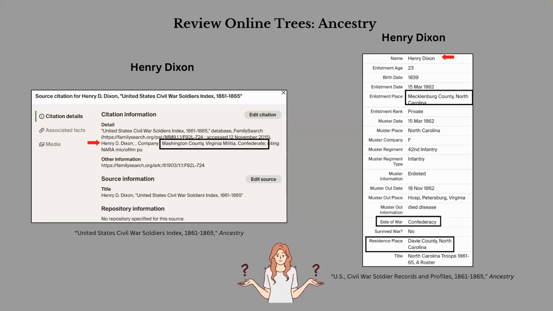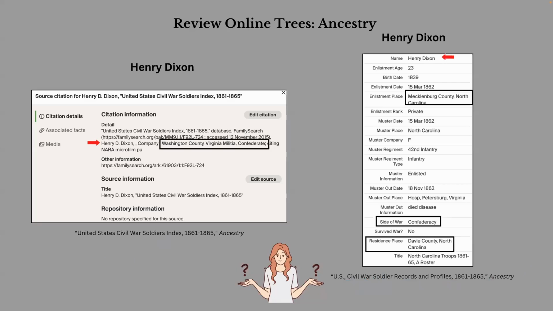So when I looked at online trees on Ancestry for my ancestor, Henry Dixon, I discovered that there were trees that had 2 Civil War documents attached to Henry Dixon. One was a Civil War Soldiers Index, and the other was from the United States Civil War Soldier Records and Profiles.